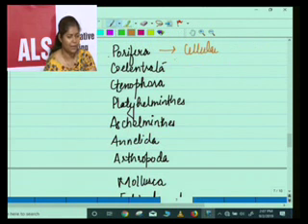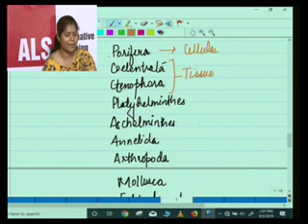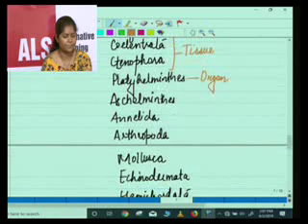And then we have Coelenterata and Ctenophora. They are having tissue level organization. Then we talk about Platyhelminthes. They have organ level organization.